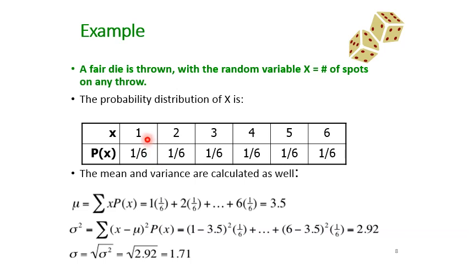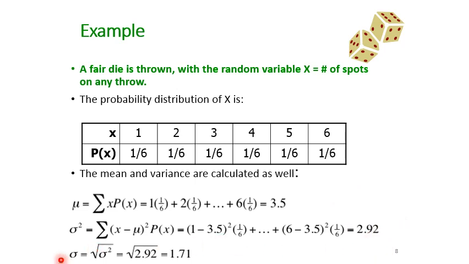I will use (1 minus mu, 3.5) all squared times the corresponding probability 1 over 6, plus (2 minus 3.5) all squared times 1 over 6, the corresponding probability, and we will follow the same procedure on all the numbers until the last value, which is (6 minus 3.5) all squared times 1 over 6, the corresponding probability. This will give me 2.92. So this is the variance of the number of spots.